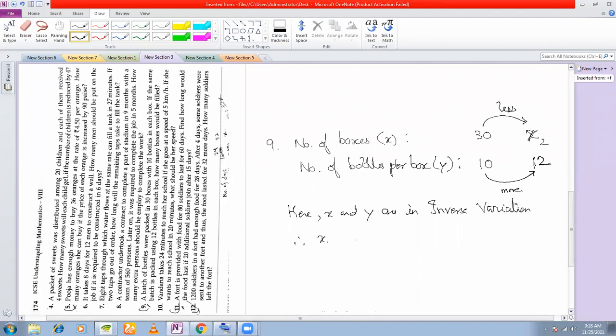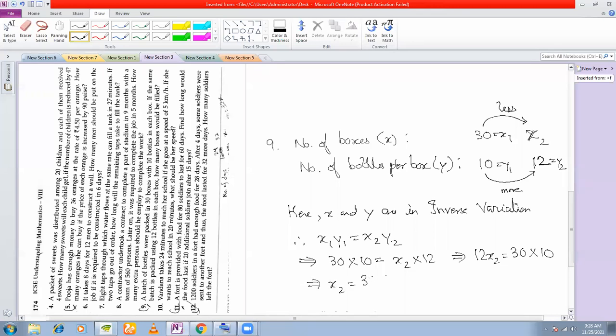Therefore, X1 Y1 is equal to X2 Y2. That means put the values here. You call this your X1, this your Y1, this your Y2. So this is 30 into 10 is equal to X2 into 12. So 12 X2 is equal to 30 into 10, which means X2 is equal to 30 into 10 by 12.